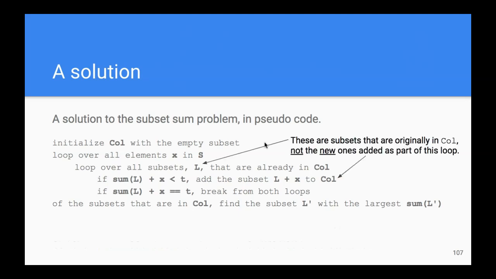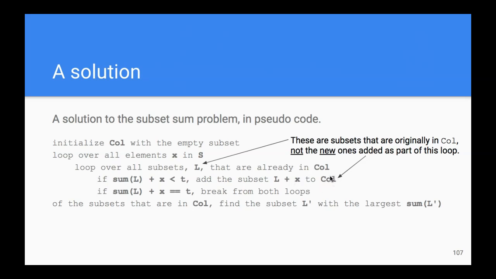Now, there are a couple of things I want to point out about the pseudocode that are kind of subtle, and that you should pay attention to when you implement this in the assignment. So the first thing is this calls for iterating or looping over all the subsets L that are already in COL. So we're iterating through all the subsets in COL, and then we're also adding new subsets to COL.